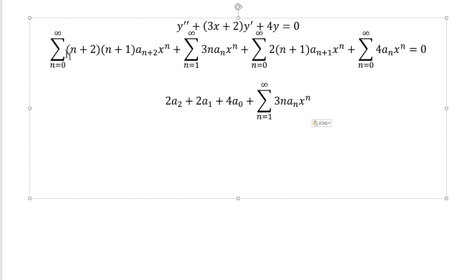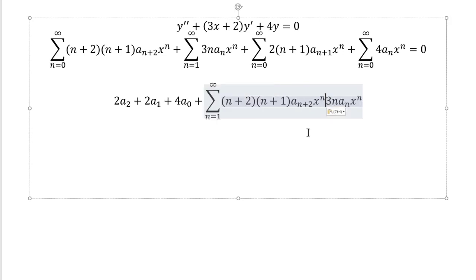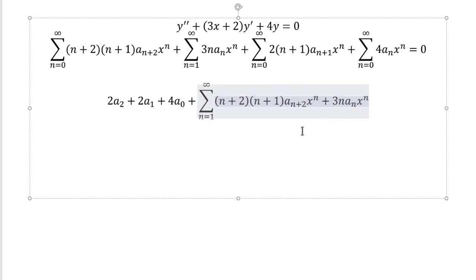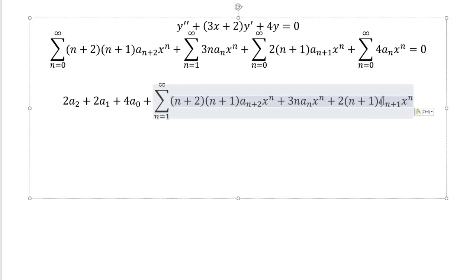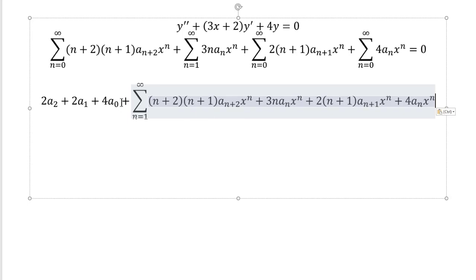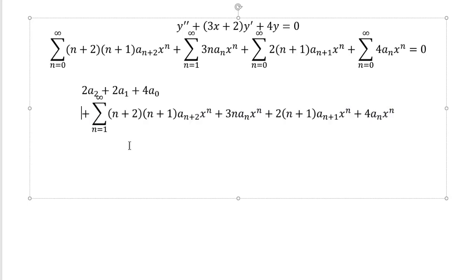So what you want to do is you can take this thing, put it in here, take this one, put it in here, take this one, put it in here. Okay, maybe let's do it like this, okay?